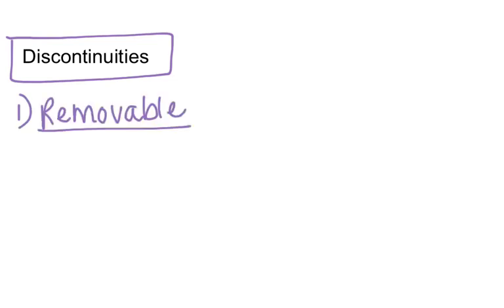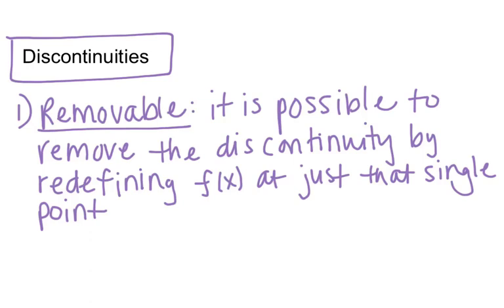So what are some ways our graph may not meet these requirements? Well, we're going to look at the definition and think of what might happen. So with discontinuities, there's 2 major groups. The first group we're going to look at is removable discontinuities. When I say that a discontinuity is removable, basically what I'm saying is that it's possible for us to fix it and somehow make the graph continuous again.